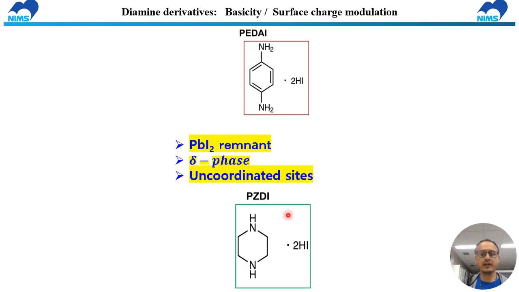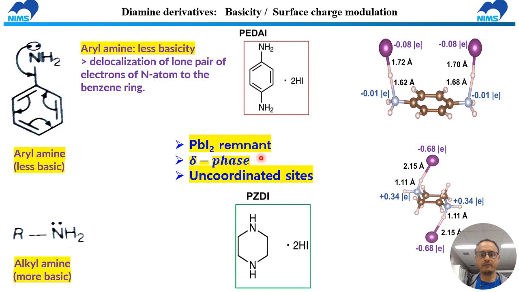We chose two kinds of multifunctional molecules having aryl and alkyl amine chains and dihalide. The reason for selecting them is the difference in basicity, and due to different basicity they might interact with the uncoordinated lead or halide sites and with the delta phase, so that they might quench those detrimental points observed in the control film.